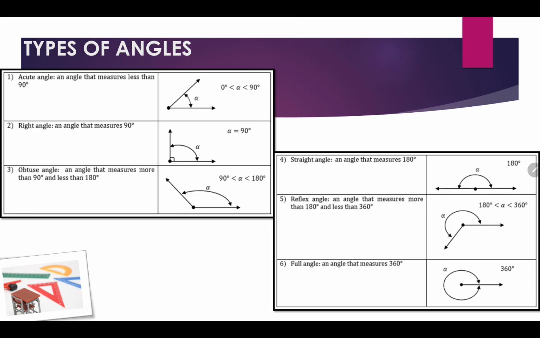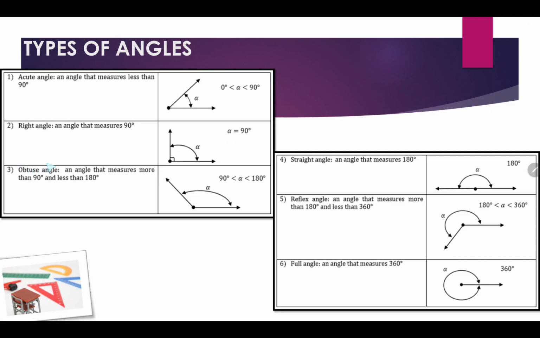There are 6 types of angle. The first one is the acute angle, an angle that measures less than 90 degrees, between 0 and 90. Then the right angle, an angle that measures exactly 90 degrees.